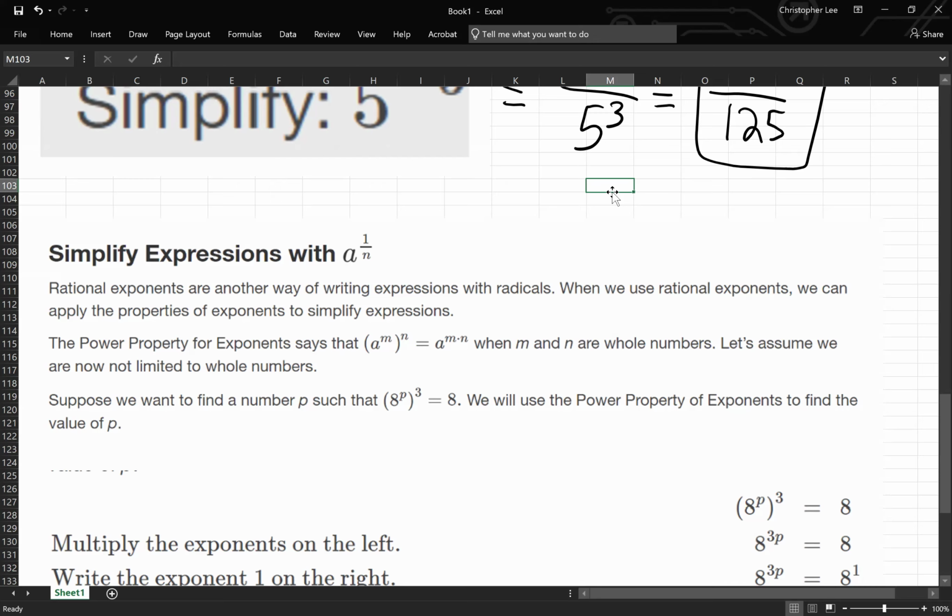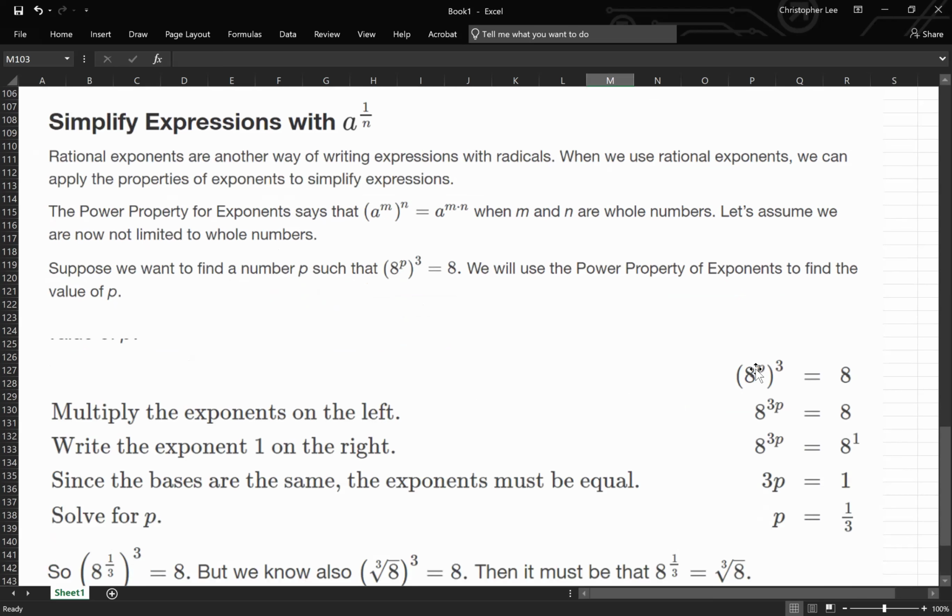Same thing. So when m and n are whole numbers. Let's assume we are now not limited to whole numbers. Suppose we want to find a number p such that 8 to the p power raised to the third power is equal to 8. We will use the power property of exponents to find that value of p, right?